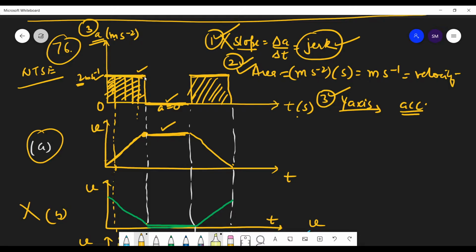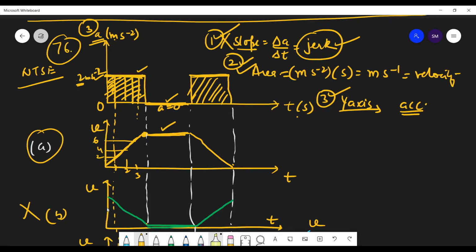So here in this graph you can see that acceleration is constant, right? So constant acceleration means, suppose acceleration is 2 meter per second square. So it means velocity is increasing at the rate of 2 meter per second in 1 second. So after 1 second velocity is 2, in 2 seconds the velocity will be 4, then at third second velocity will be 6, like this. Yes or no?